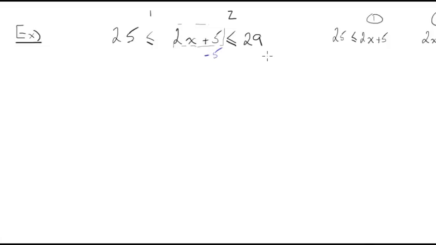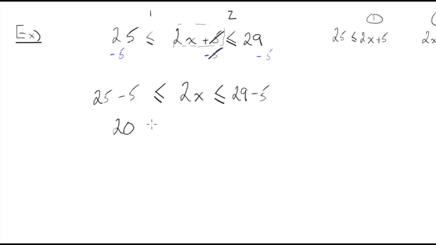So in order to isolate for x, you do the same thing you would normally do. You'll subtract 5 from all sides of the inequality, so from the middle and from the right side and from the left side. So in the middle, the 5's are going to cancel and you're just going to have 2x. On the right side, you're going to have 29 minus 5. And on the left side, you're going to have 25 minus 5.